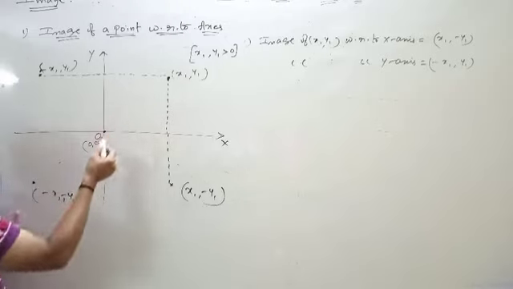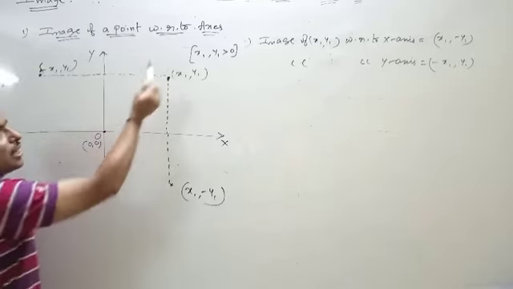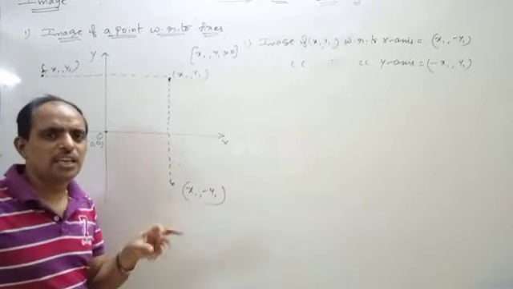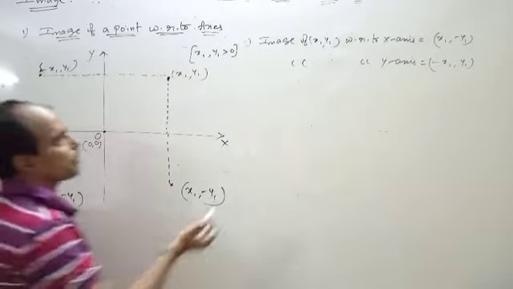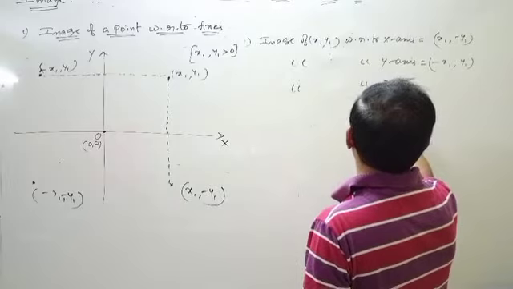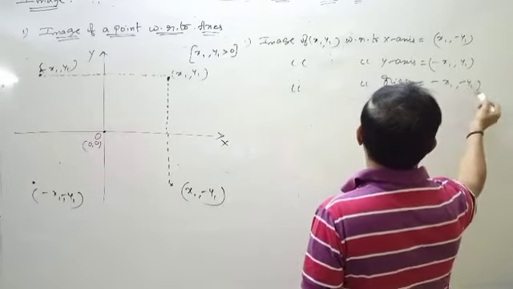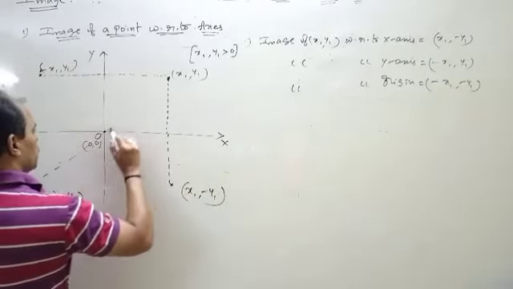So this will be the image of x1 y1 with respect to the origin. Whenever they say with respect to, that one acts as a mirror. What about that point? Minus x1 comma minus y1. So this will be the same distance.